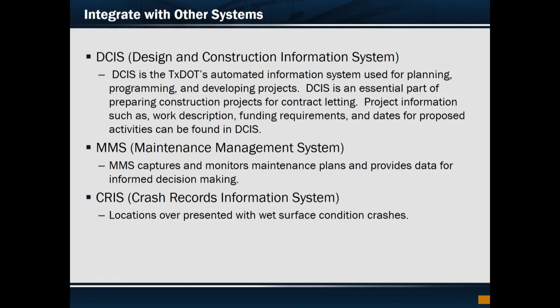That system maintains all the routine maintenance projects. The last is the crash data records, and that system has detailed crash data. In addition, our traffic operations division reports the high crash locations, and we also pull that information into the system. So those are the systems and databases we interface with.